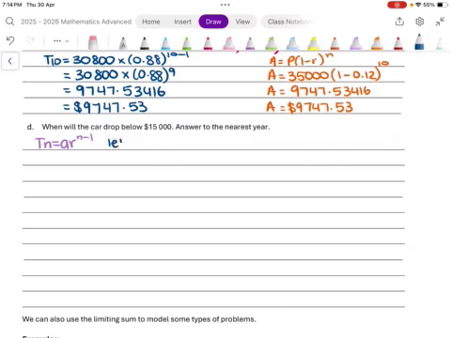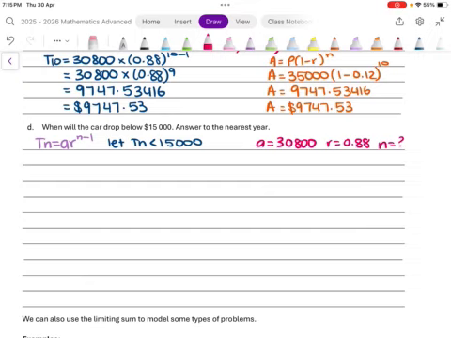What we're going to do is let TN be less than 15,000. Excuse me. So we have our A is same as the last question, 30,800. Our R is 0.88, and our N is what we're trying to find.